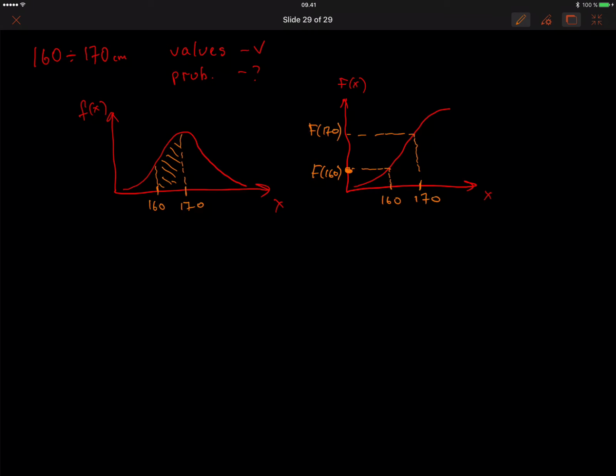It means that the probability that your value will be 160 or smaller, and then this is the probability that your value will be 170 and smaller. So the difference between the probabilities, F of 170 minus F of 160, will be the answer to this particular task.